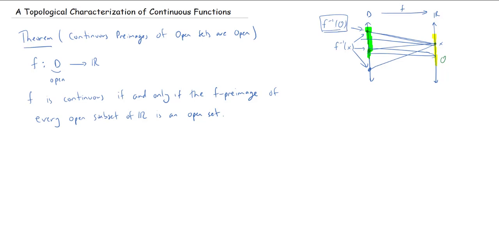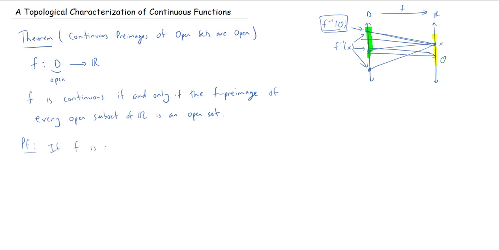We want these to always be open if we start with an open set in the codomain. All right, so we're going to try to prove this. All right, so let's start. And we'll start by proving that if f is continuous, then every f preimage of an open set is open.